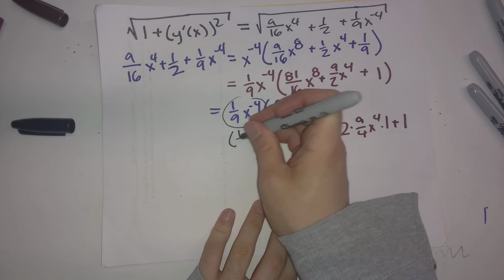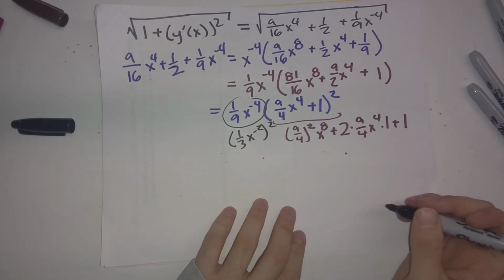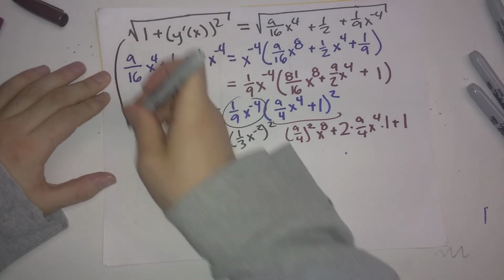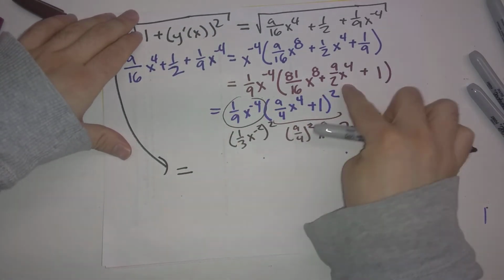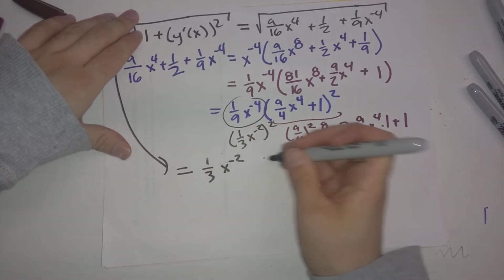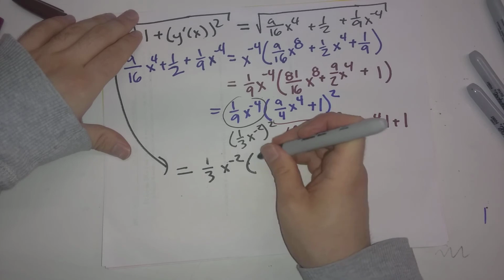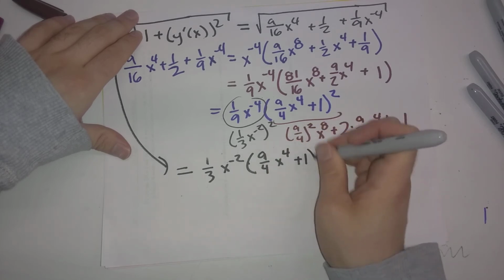This is just 1/3 x to the minus 2 squared. And so this square root ends up just being 1/3 x to the minus 2 times 9 over 4 x to the 4th plus 1.